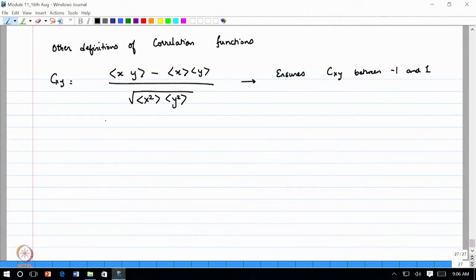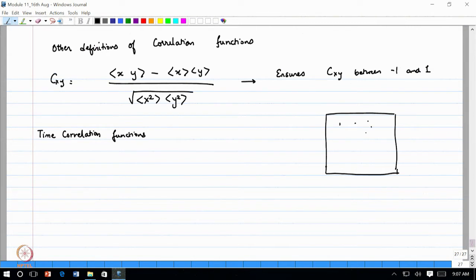So, this is very widely used, so one example is time correlation functions. For example, you might ask, suppose you have a collection of several particles in a box. Okay, suppose you have a box with many particles, and they are like in a typical liquid, and all these particles are moving with some velocity. Then you can ask about the velocity autocorrelation function.